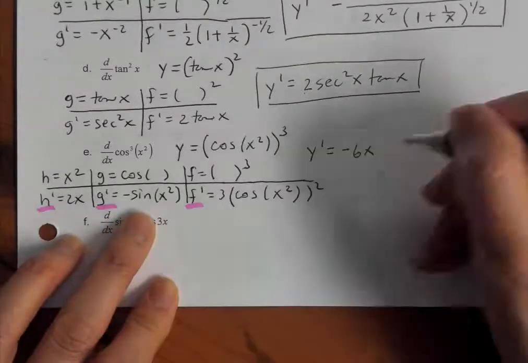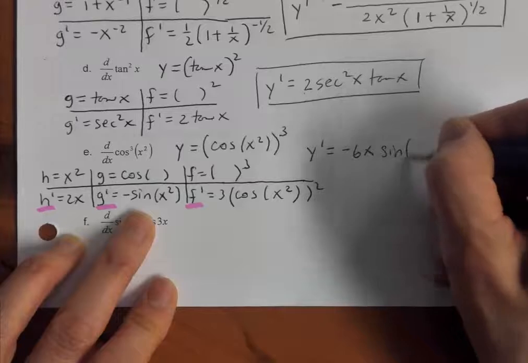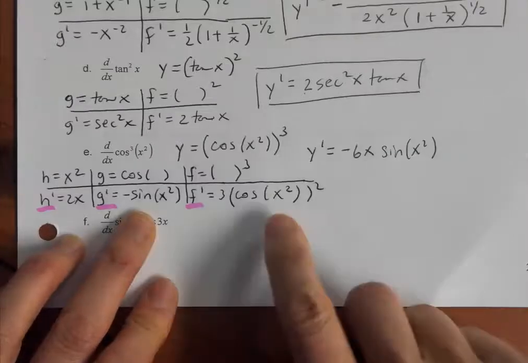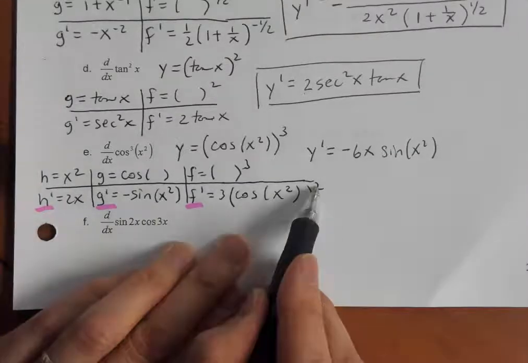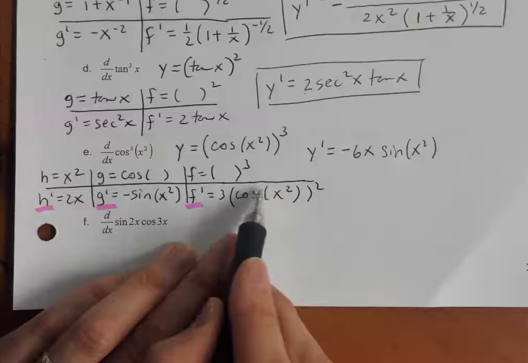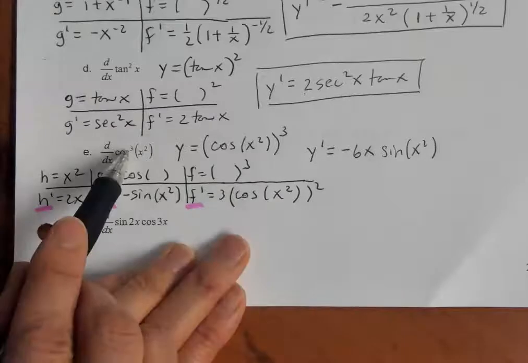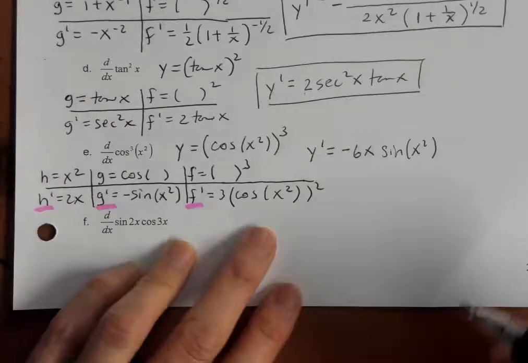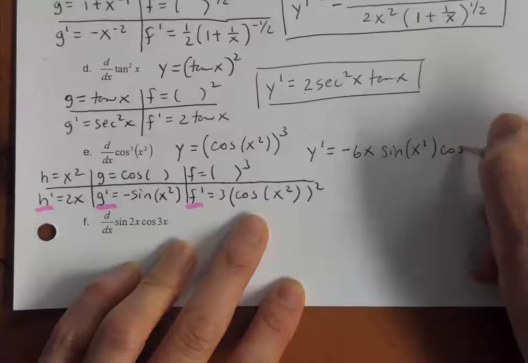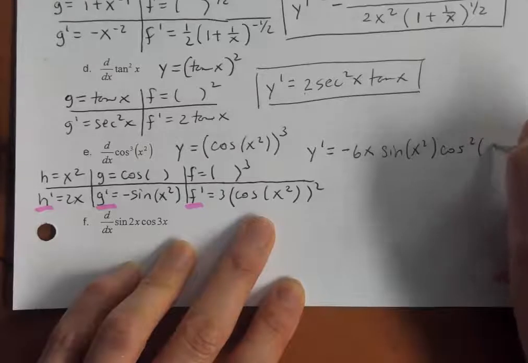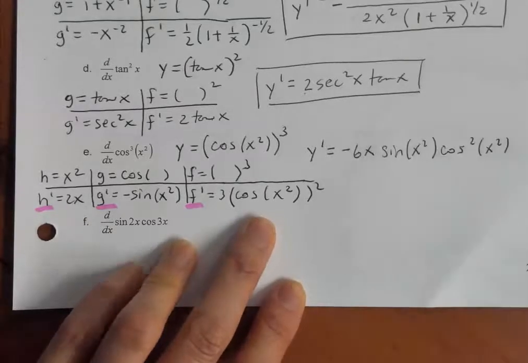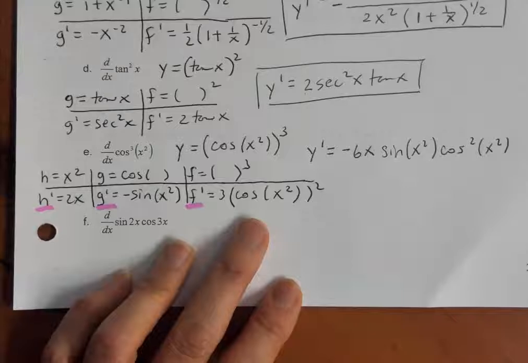And then I have a sine x squared. And then this one here, you should bring this squared back in between. See how they wrote this one in between? That's usually how they like to write it. So that'll be times the cosine squared of x squared. And there isn't a whole lot you could do with that.